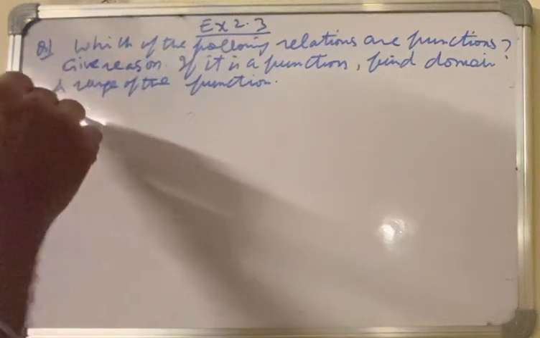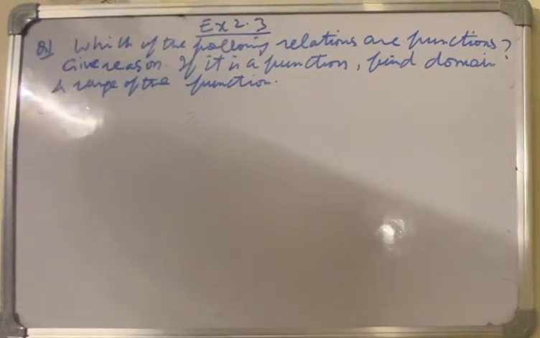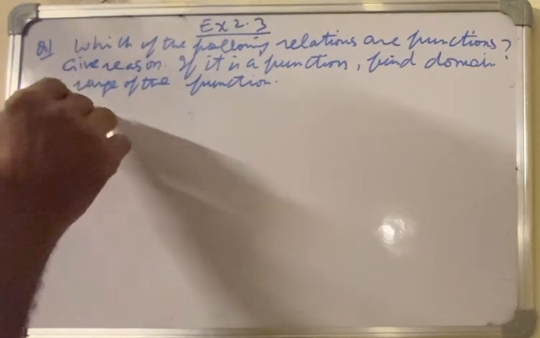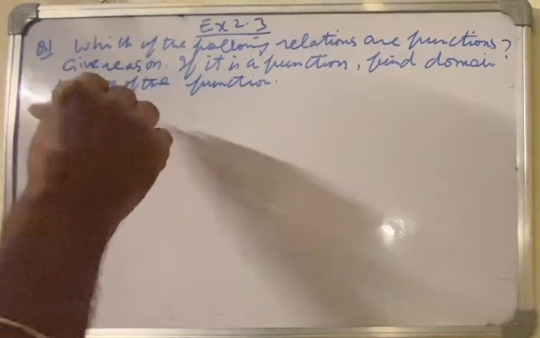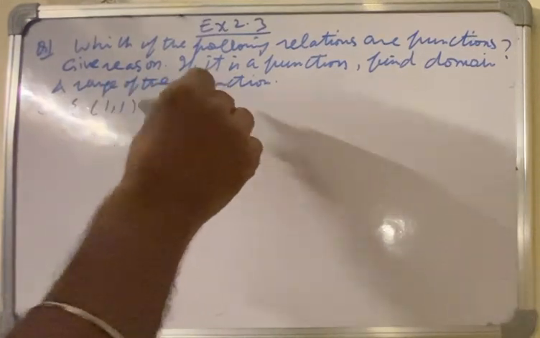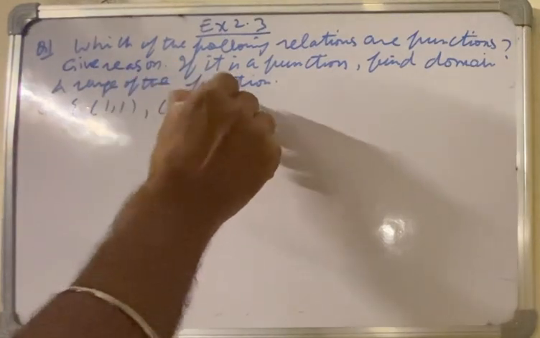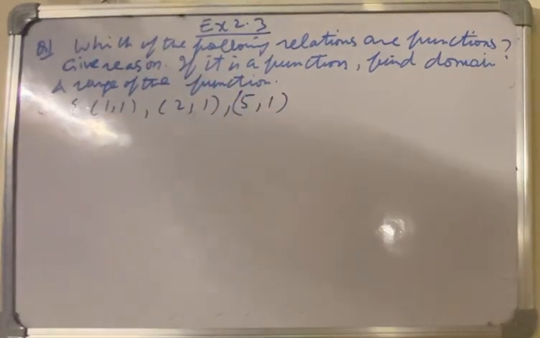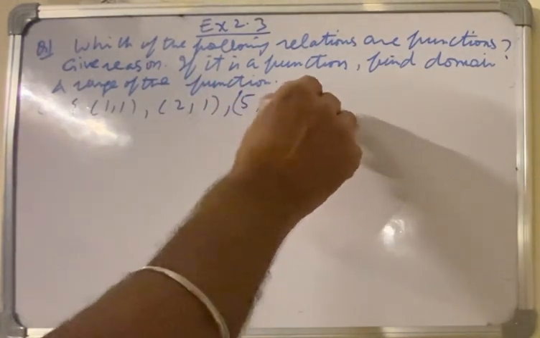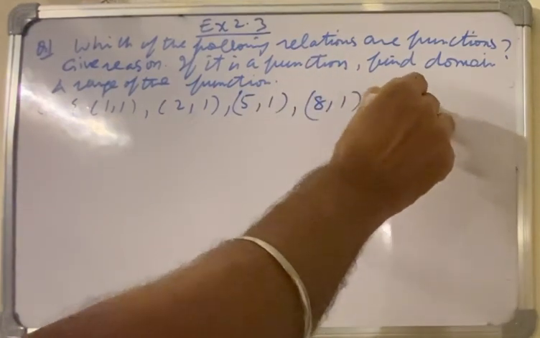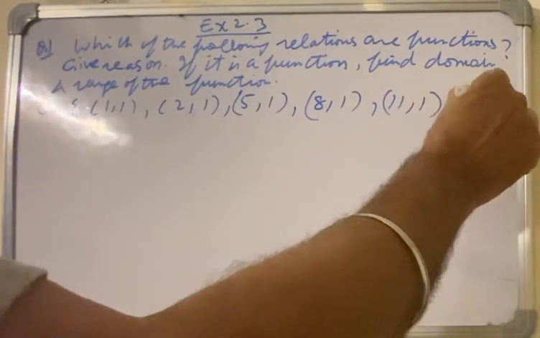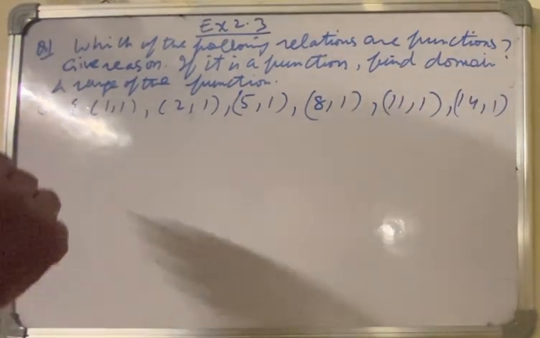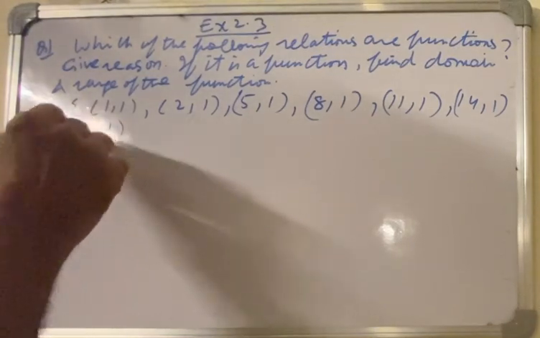First part. The given relation is (1, 1), (2, 1), (5, 1), (8, 1), (11, 1), (14, 1), (17, 1).